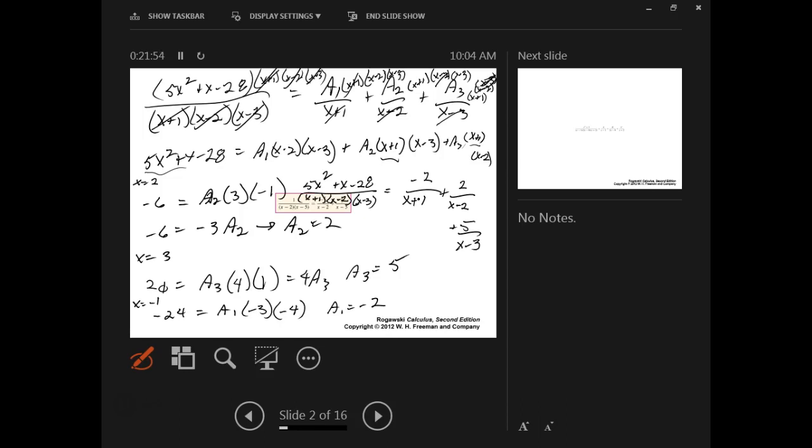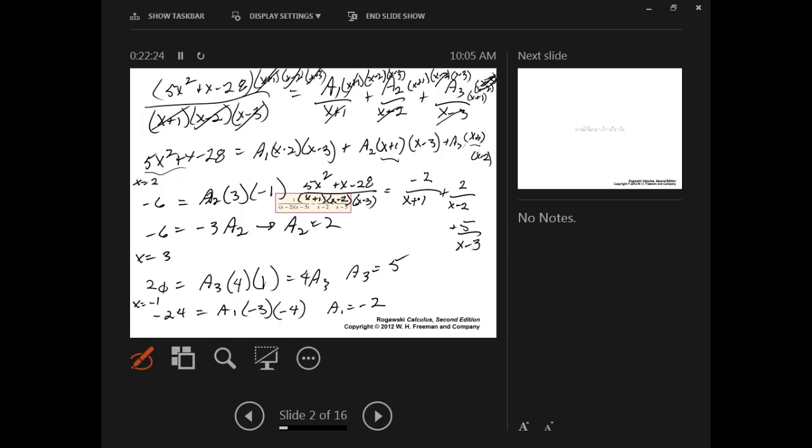What would this term here be? And the derivative of 1 over x?